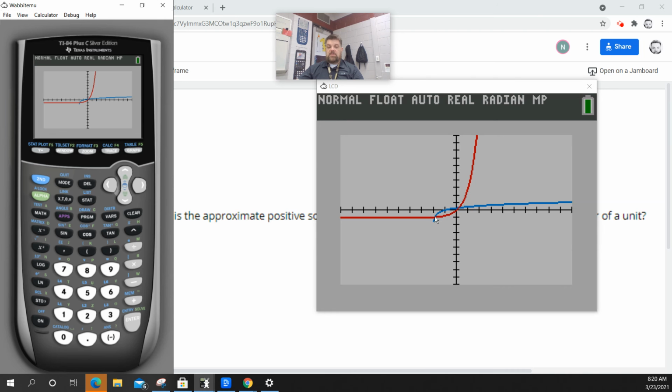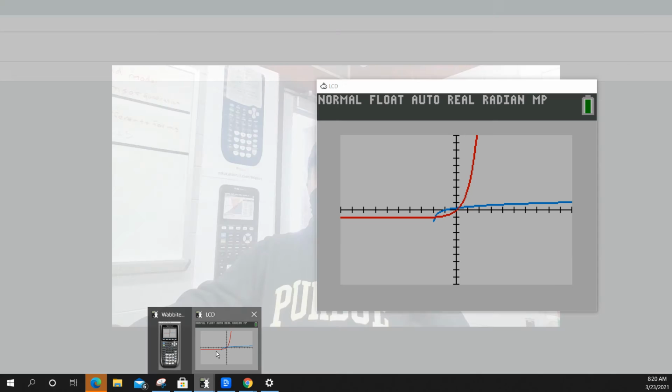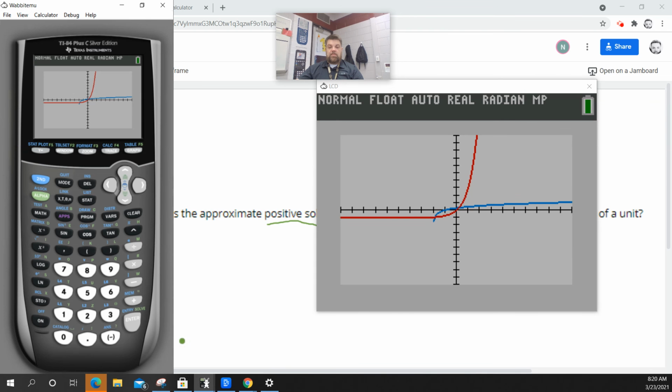Here it has a negative x value, and here we have a positive x value. So real quick, I just want to point out that it says where it has a positive solution. Okay, so I'm going to focus in on that positive solution. So that looks like it's between 0 and 1.